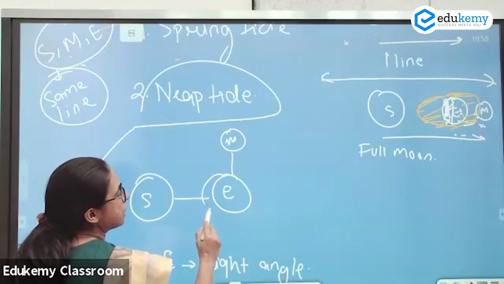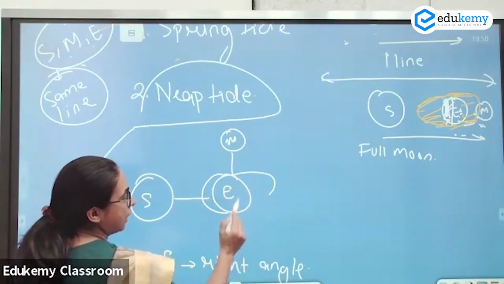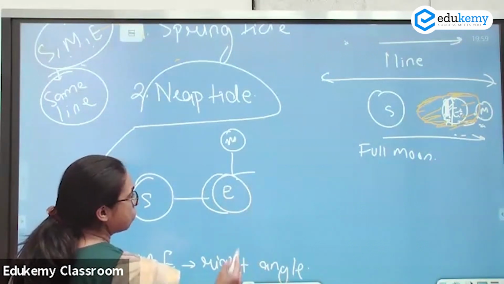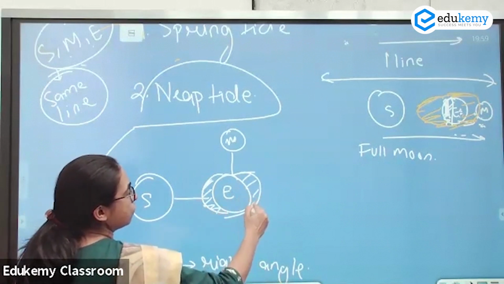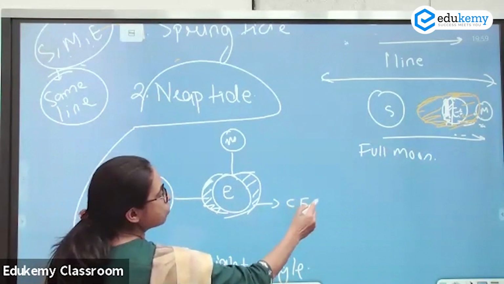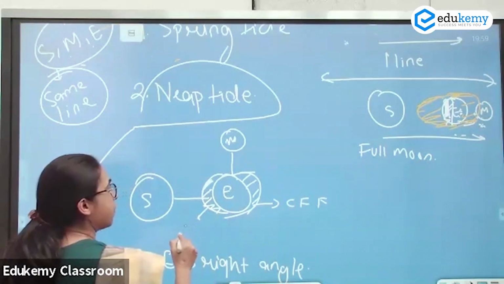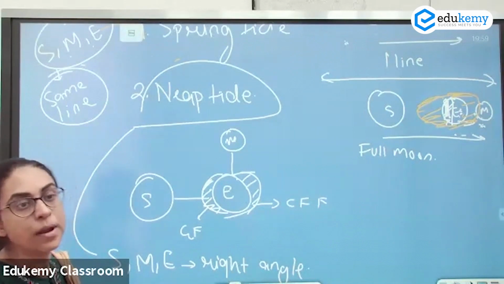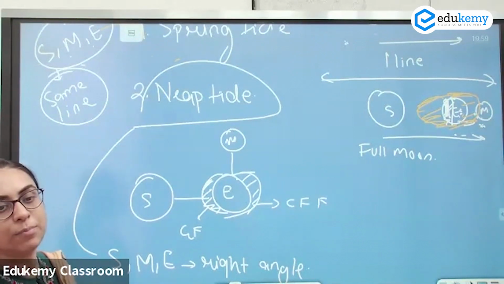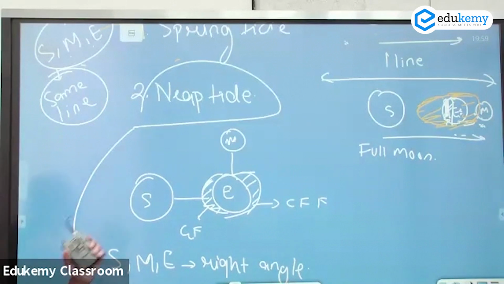If this is the gravitational force and this is the centrifugal force, तो इतनी बड़ी tides नहीं आती है. Not major big tides will come in the neap tide. In the neap tide, the forces are countered. When the forces are countered, then you will have the neap tide.